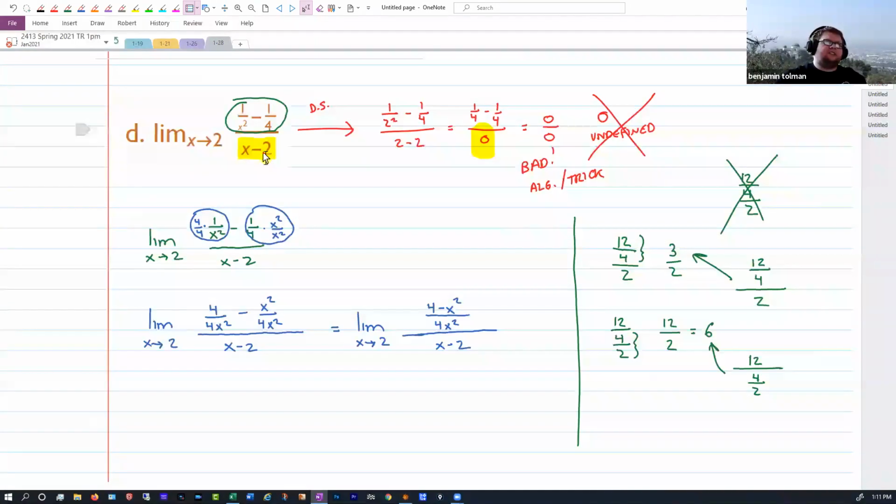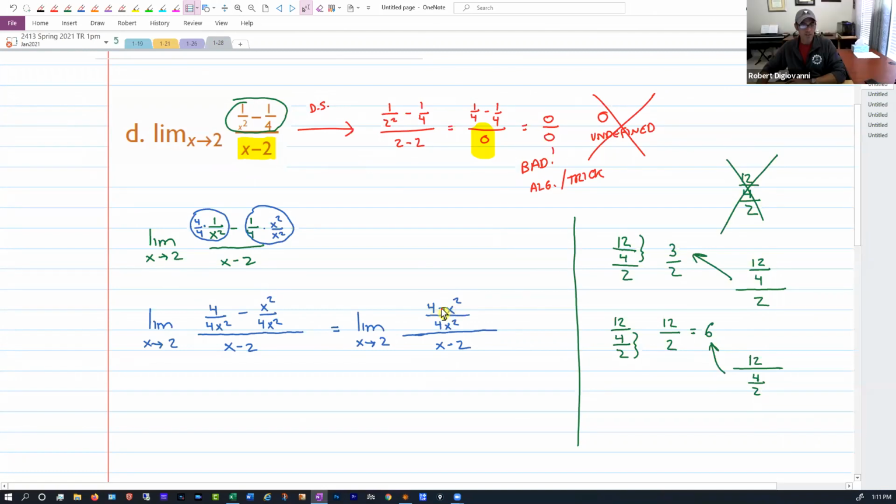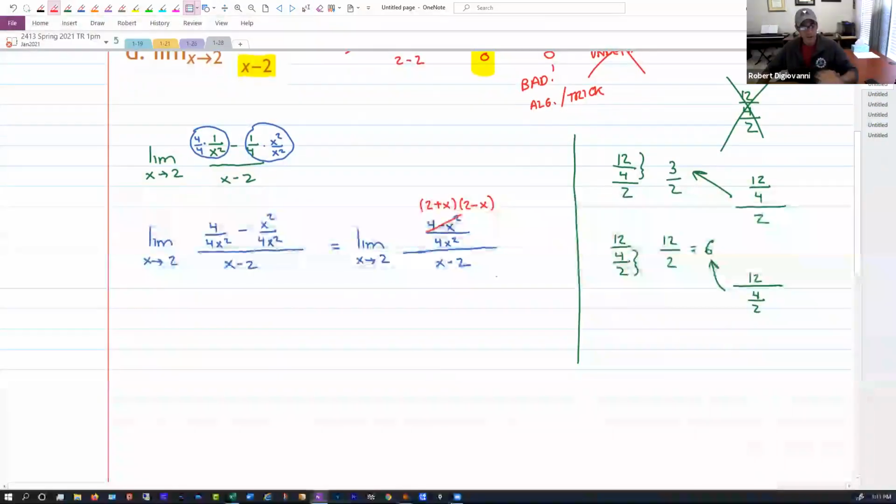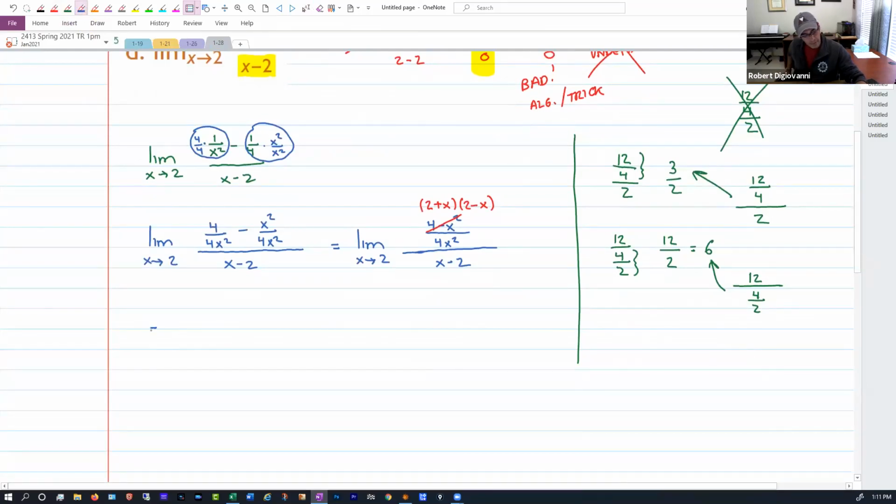Can't you do the x squared on the top and factor it out? What, this 4 minus x squared? Yeah. That's a difference of squares. That's a difference of squares. So everyone should recognize from college algebra that that can be rewritten as 2 plus x times 2 minus x. Does everyone see that? Difference of squares?